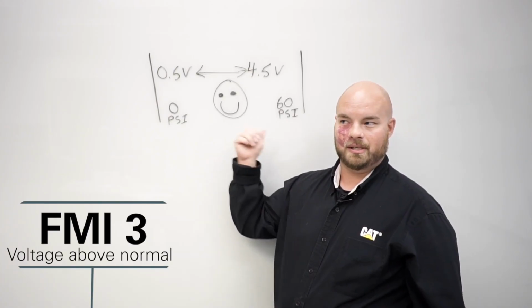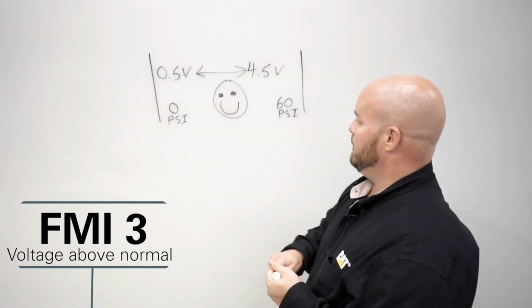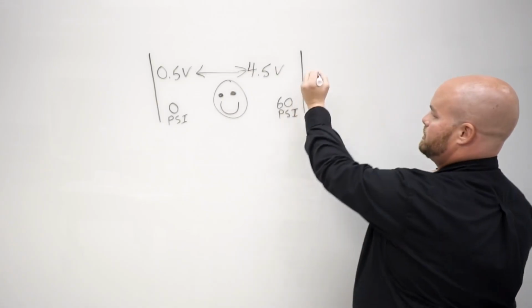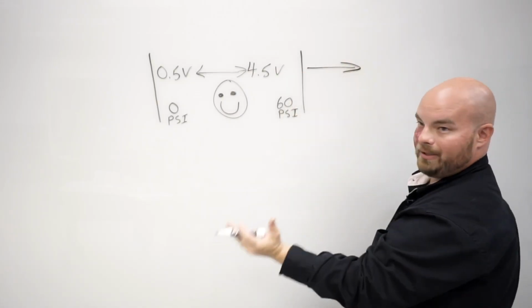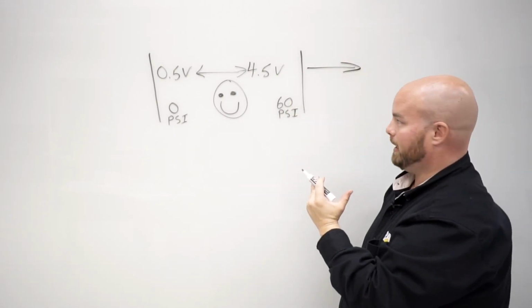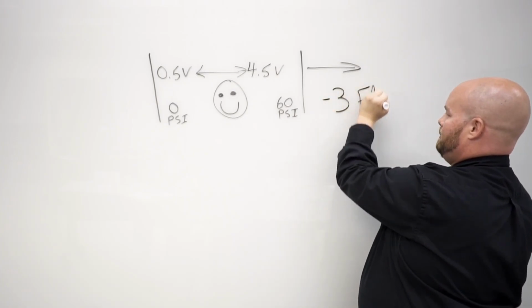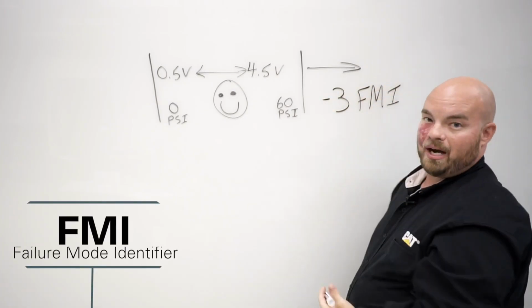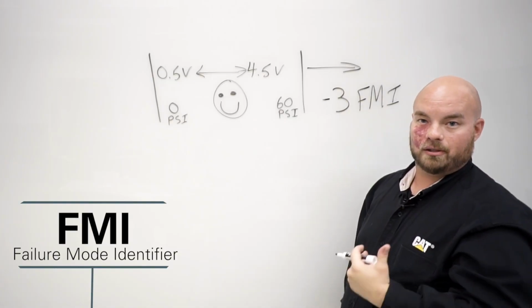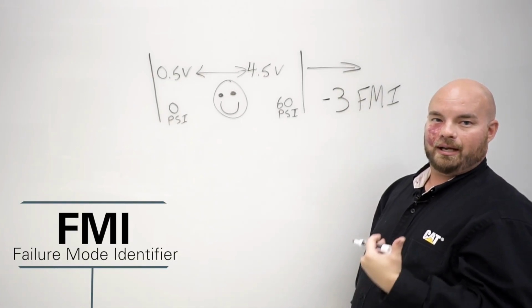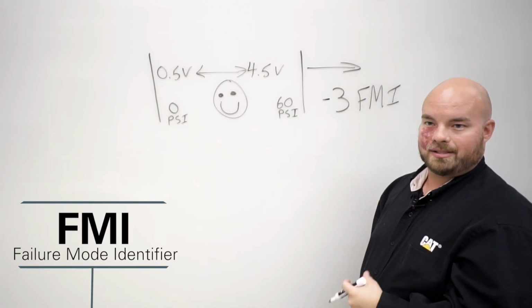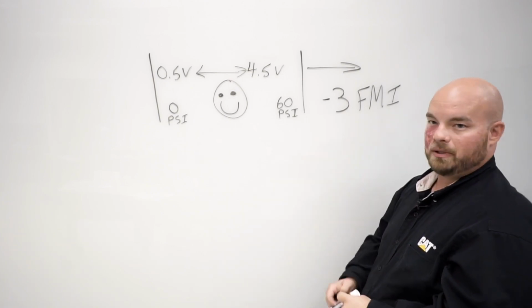Normal to the ECM is when he's happy. If the ECM detects a voltage above normal, so anything above this 4.5 range, this is where we trigger a -3 FMI code. FMI being failure mode identifier. It's giving us an indication as to what failure mode it's detecting, in this case, voltage above normal.